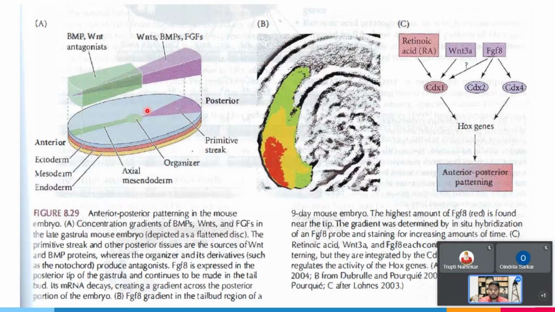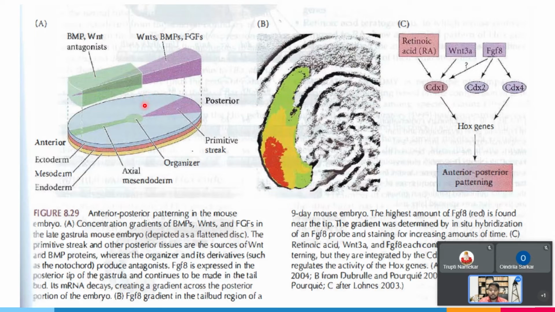So this particular organizer is the major determinant of how the patterning of the embryo will look. So how does the organizer do it? The organizer does this by a very simple method. On one side of the organizer, say the posterior portion, it activates particular signaling molecules and inhibits them in the anterior section.